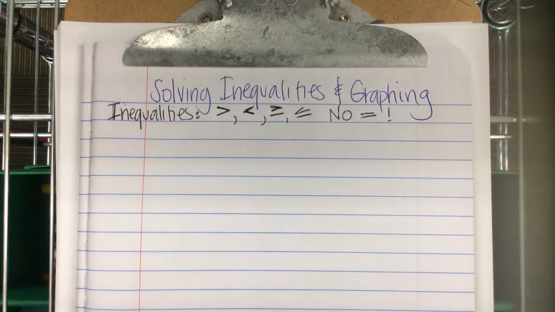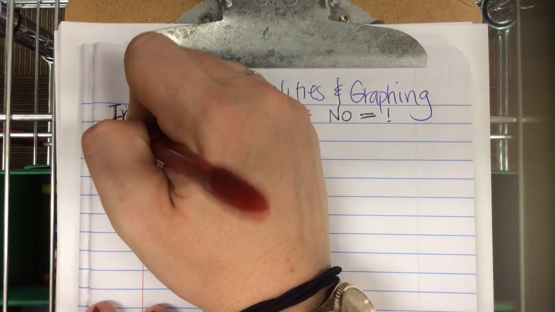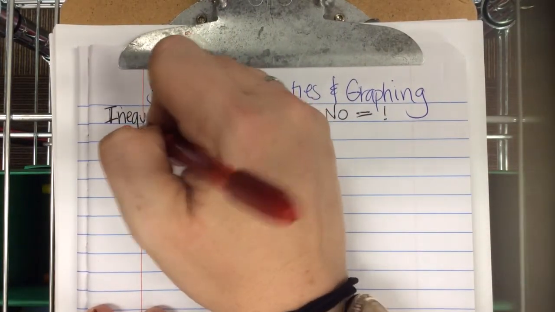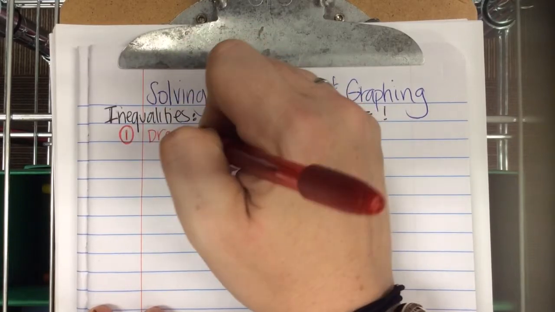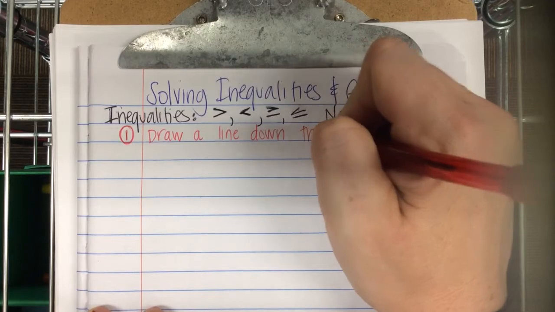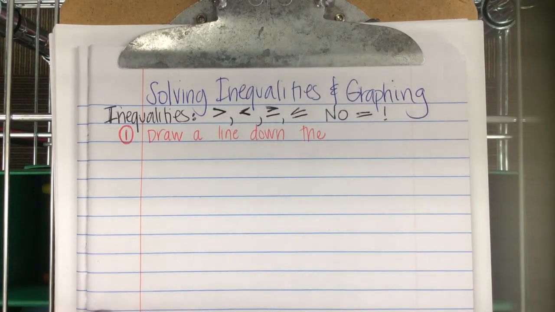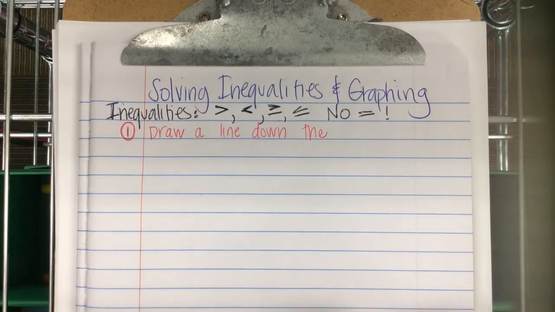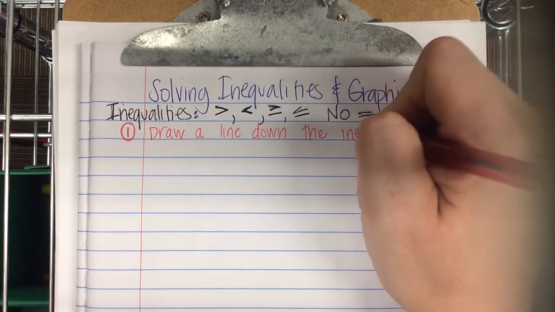So, to solve these problems, you guys, it's the same thing. Step 1 is to draw a line down the, but it's not the equal sign anymore because there is no equal sign. It's draw a line down the inequality.